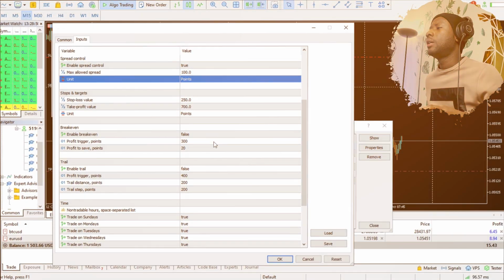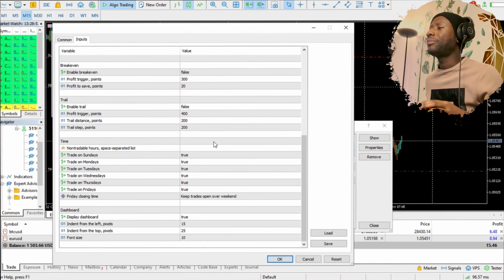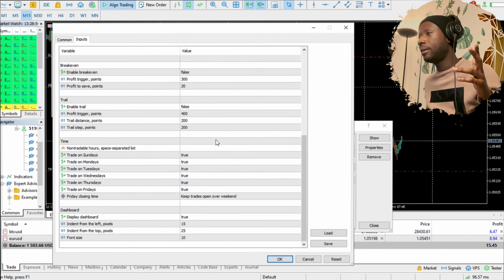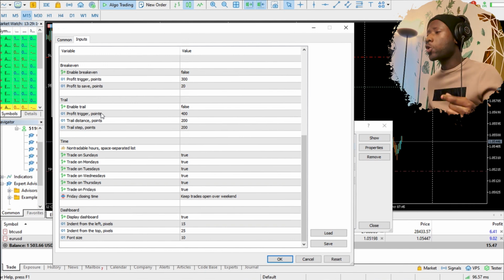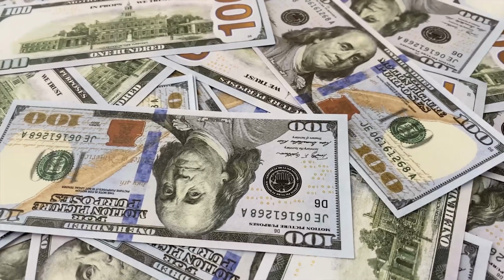Now, the other important parameter, it is important but not all that important, is the trailing. Just like the break even, it is equally important. The trail is important when you want to save some money.